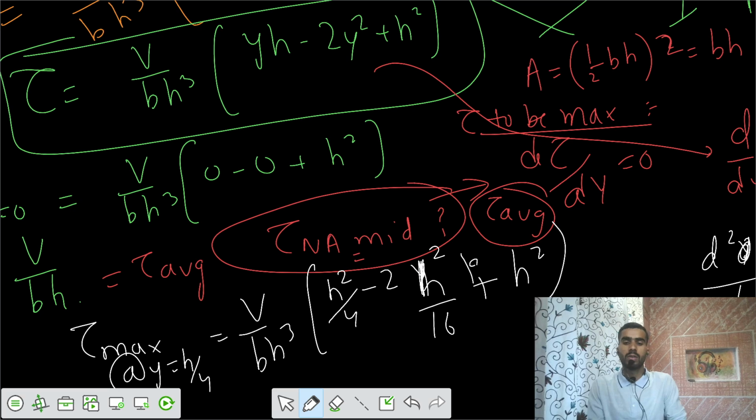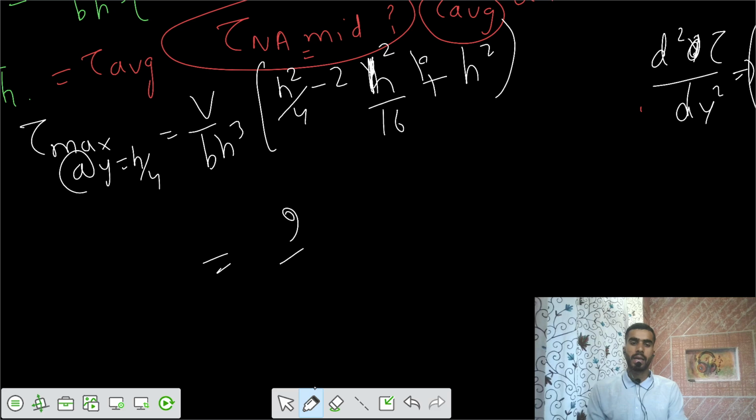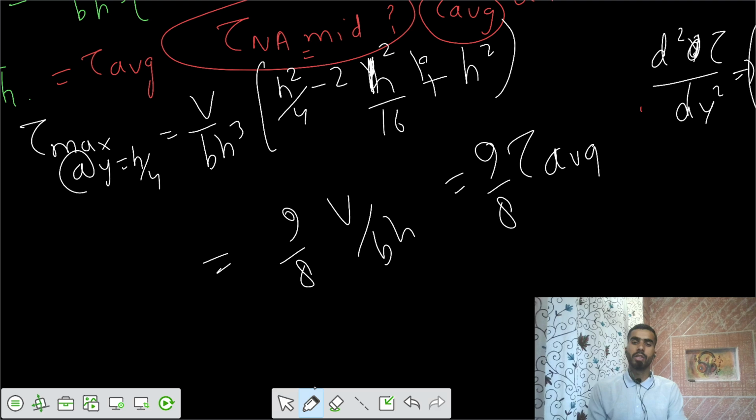So you solve this part: 1 by 4 minus 1 by 8 plus 1. That's 9 by 8. So we got a value of 9 by 8 v by bh, that is 9 by 8 of tau average.